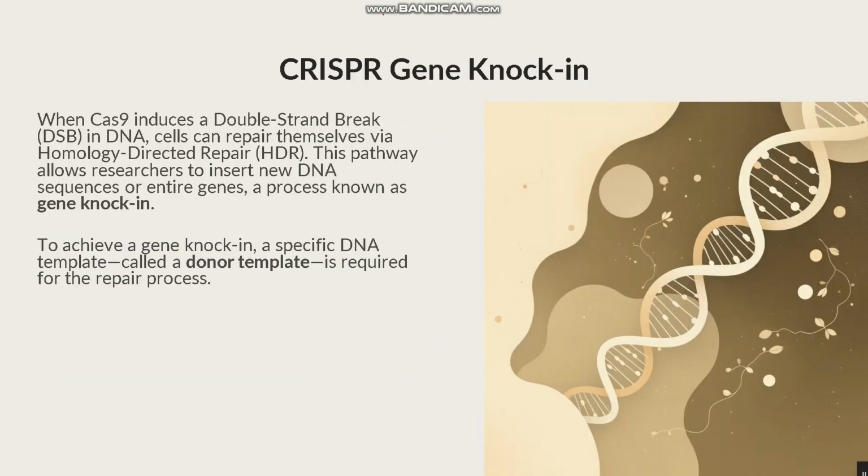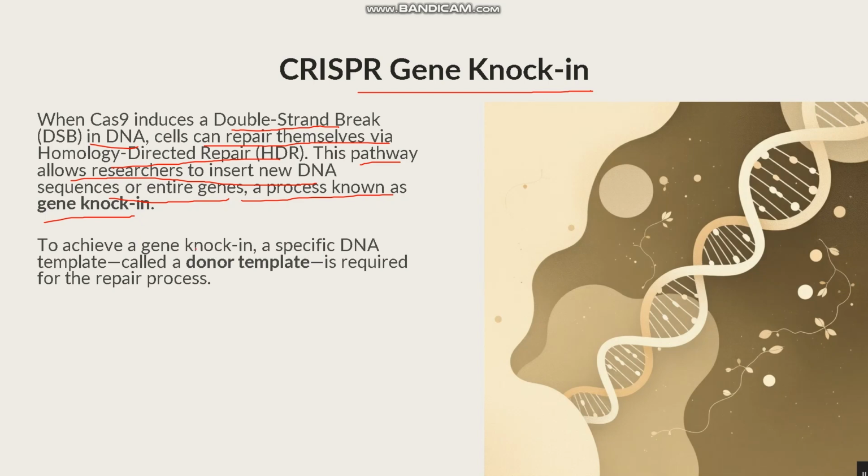Now, CRISPR gene knock-in, in which we actually add the gene. When Cas9 induces a double-stranded break in DNA, cells can repair themselves via homology directed repair. This pathway allows researchers to insert new DNA sequences or entire genes, a process known as gene knock-in.